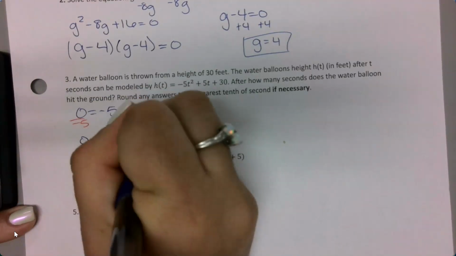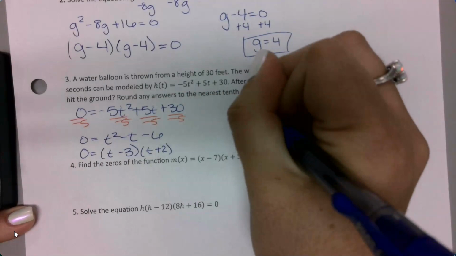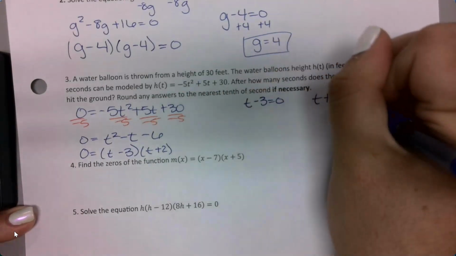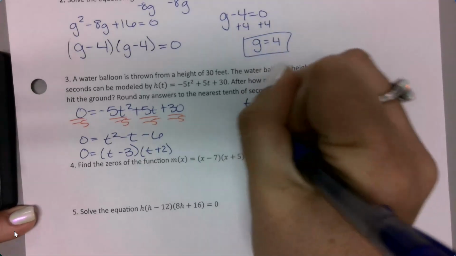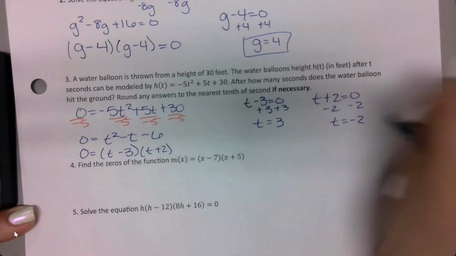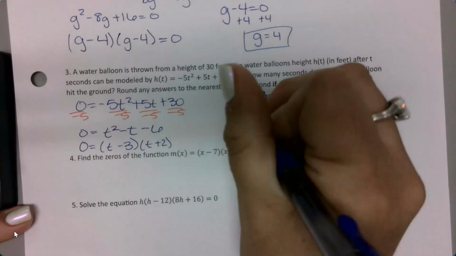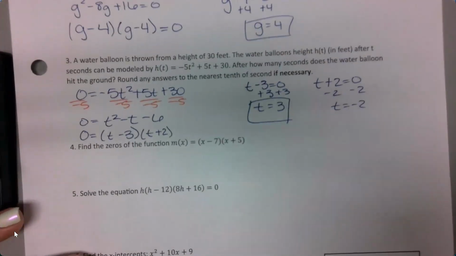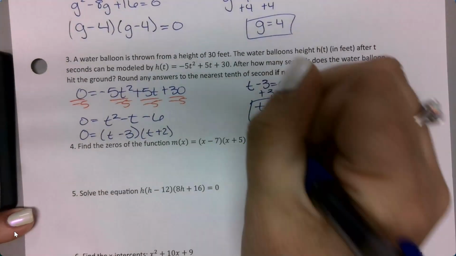That is -3 and +2. So I want to use the zero product property to set these equal to 0. I get t equals 3, and then over here I get t equals -2. I'm talking about time. Time is always positive, so my answer here is just 3. Oh, and I should probably say seconds.